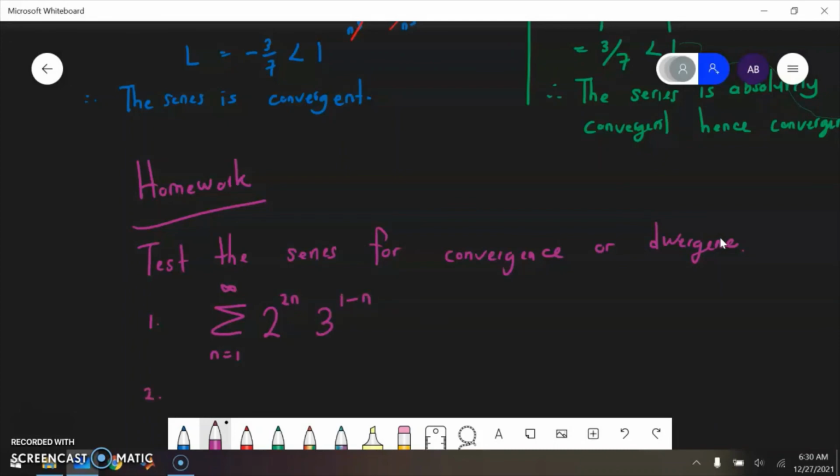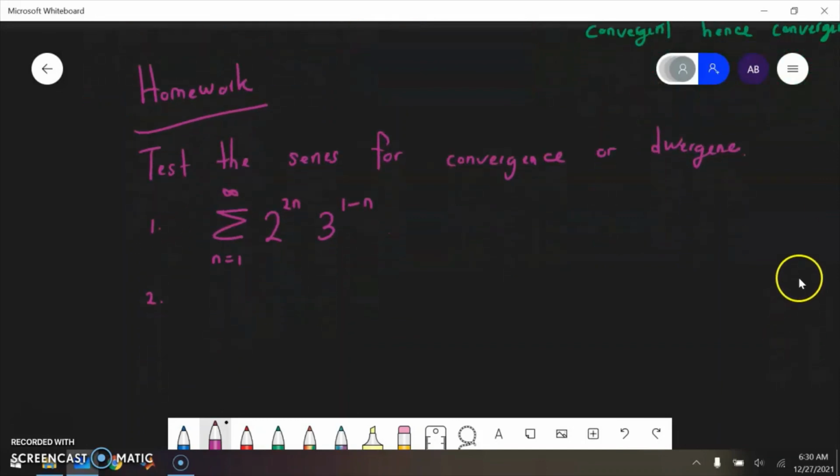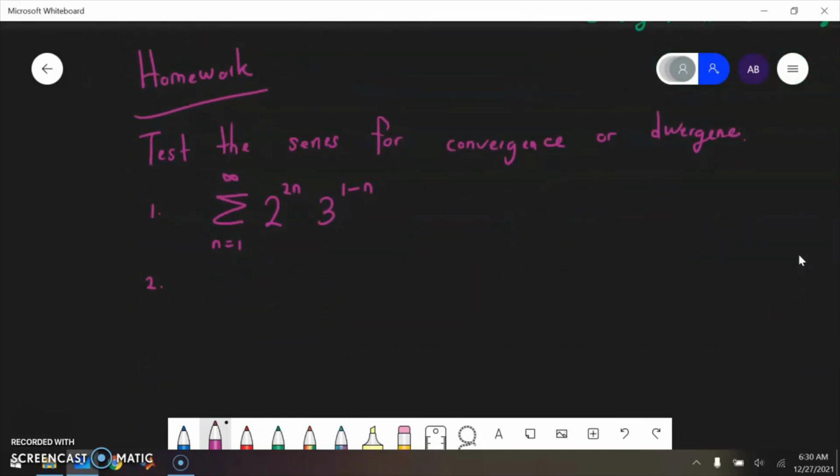And then question number 2 is summation n equals 2 to infinity of negative 1 to the power of n over n ln n.